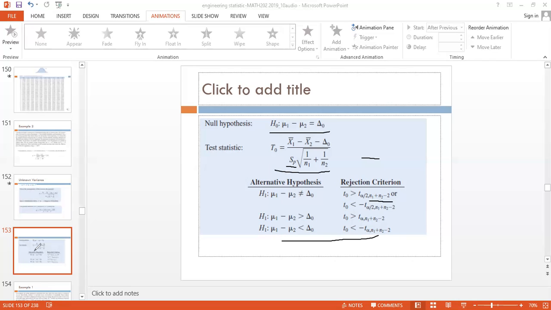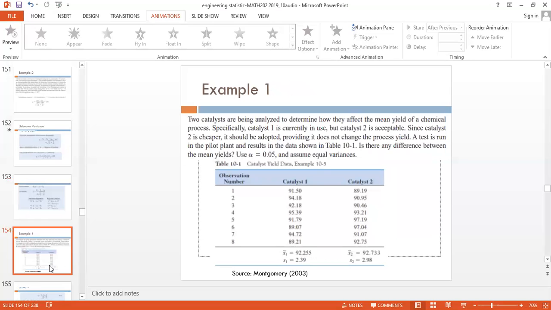Then we go on to the example. Two catalysts are being analyzed to determine how they affect the mean yield of a chemical process. Specifically, catalyst 1 is currently in use, so that is the placebo, the normal procedure.